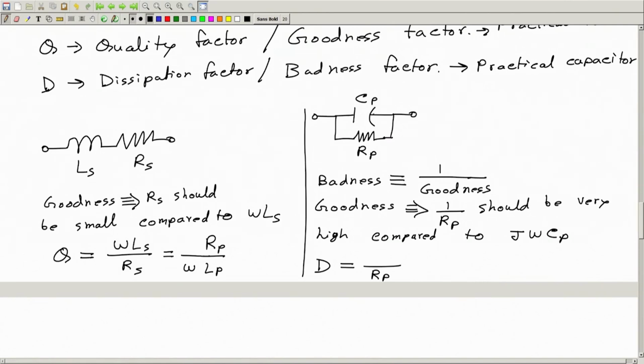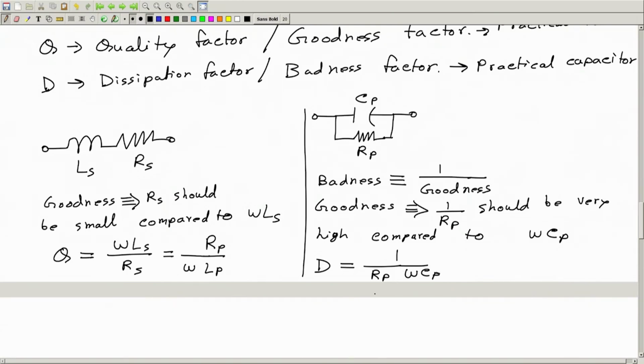Okay. If this is also low, then we write it like this. Okay. J you can ignore, because we are talking in terms of the magnitude only. So, this is the dissipation factor.